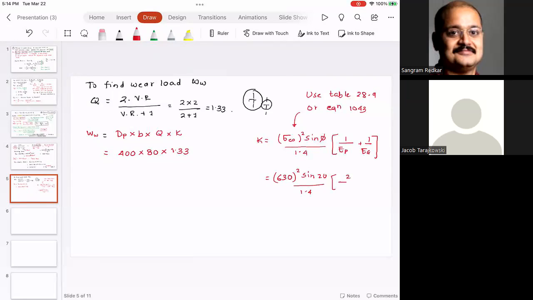So which is 2 divided by 200, 10 to the power 3. And that should give you the value of K. And you would find WW, and you will notice your WW is greater than WD. Hence, the design is safe.